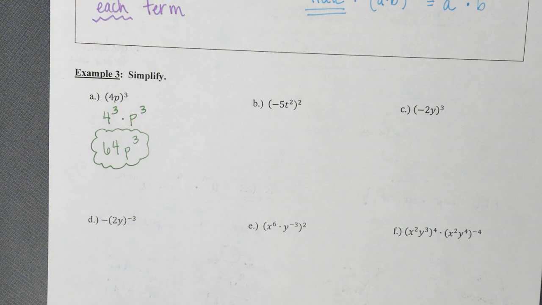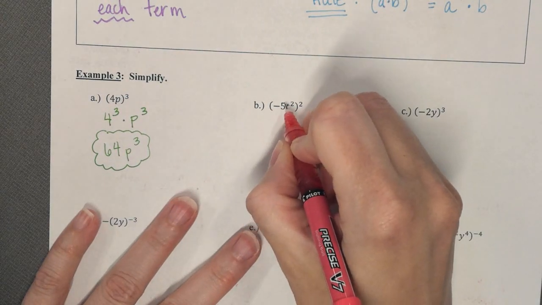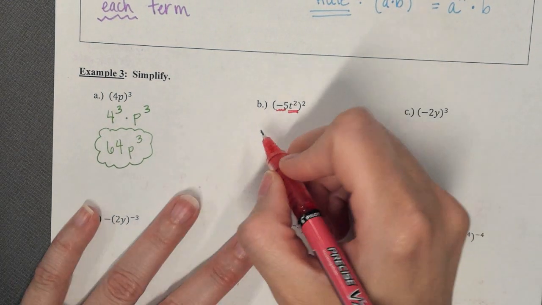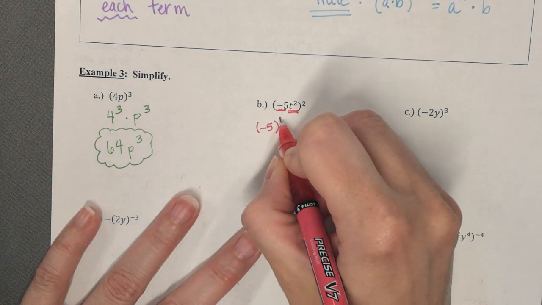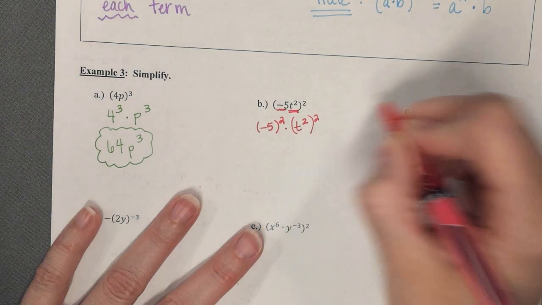Okay, now for B, you're going to apply those to two things. When you're doing that, think of the number as separate from your variable. So we have -5 to the second power, and then this is t squared to the second power.